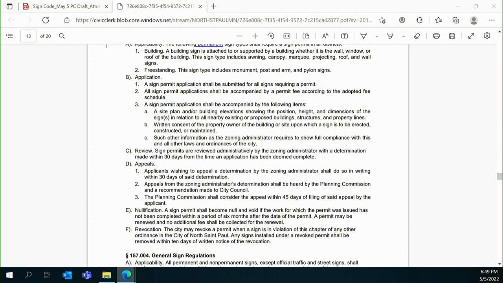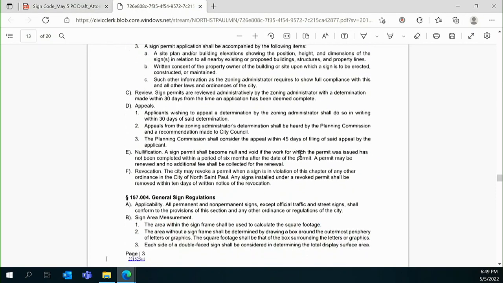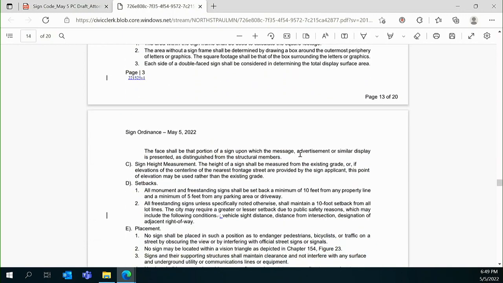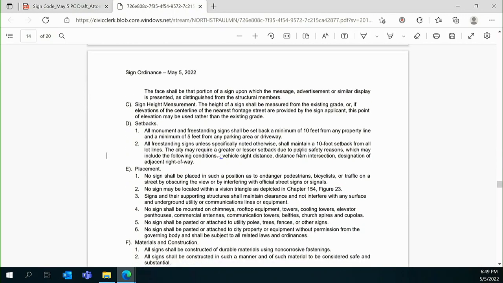So I have something on 14 unless anybody else has something on 13. On 14, under item D, setbacks, the first bullet says all monument and freestanding signs shall be set back a minimum of 10 feet. And then bullet 2 says all freestanding signs, unless specifically noted otherwise, shall maintain a 10-foot setback, blah, blah.